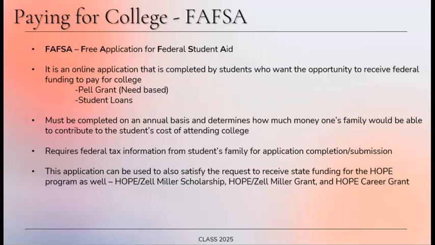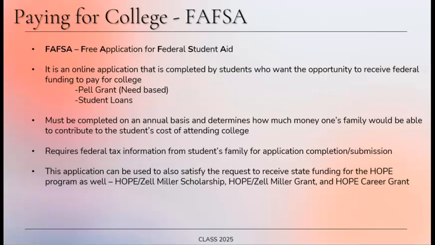I will point out that FAFSA requires federal tax information from the student's family for the application completion or submission. And one good thing about FAFSA, so while you do send it to the respective college or university that you're applying to and you're seeking funding from, this application can also be used to satisfy the request to receive state funding.